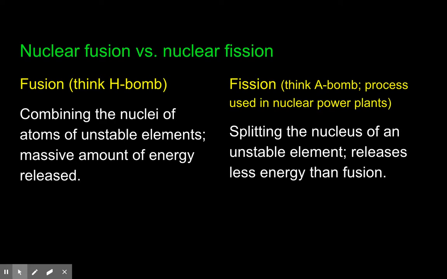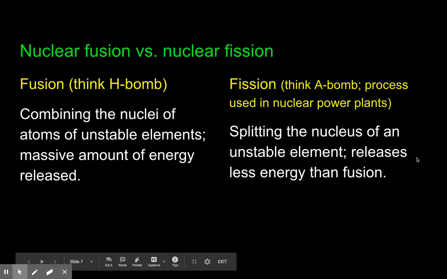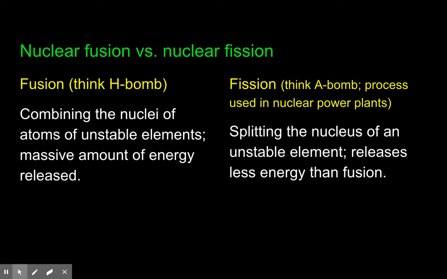All right. Now, the atomic bomb and the fission process does not give off as much energy as the fusion process does. Okay. And so when we think of the sun, you think of fusion. It is fusing hydrogen atoms, and in the process, it's giving off all of this energy that we know as heat and light.